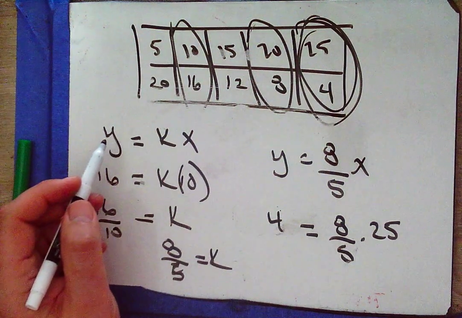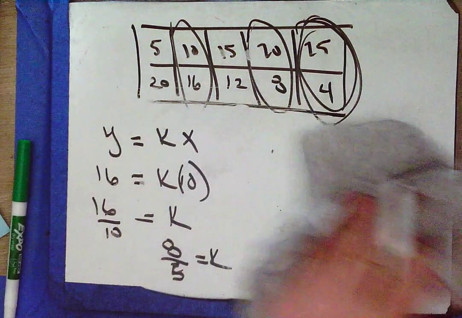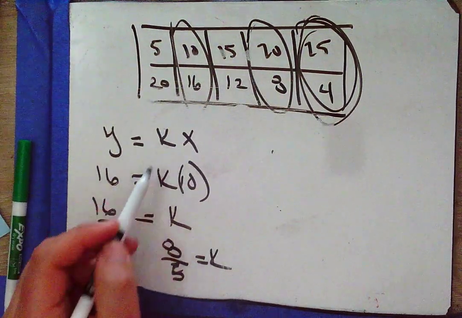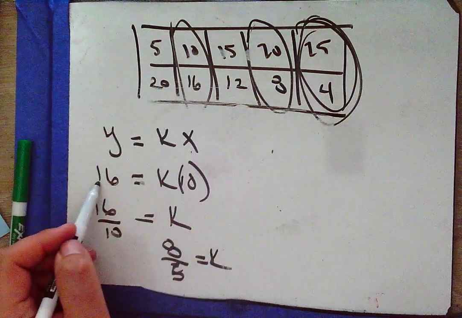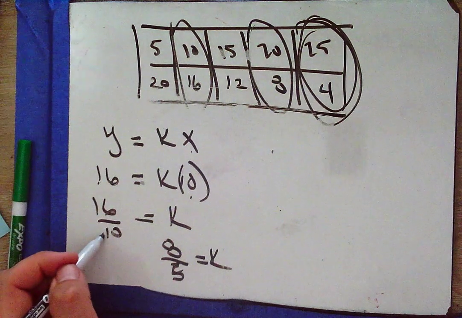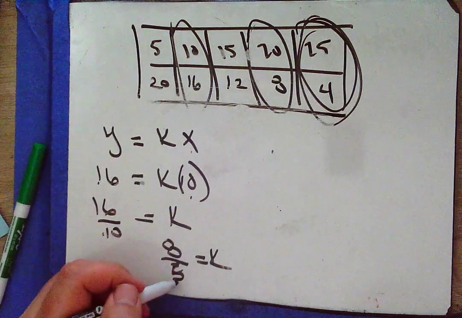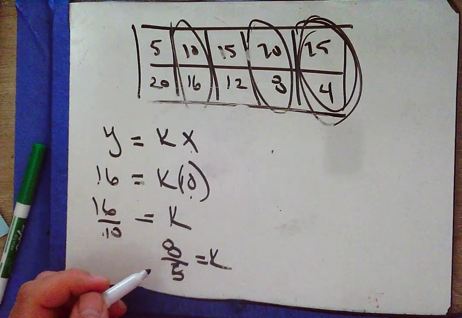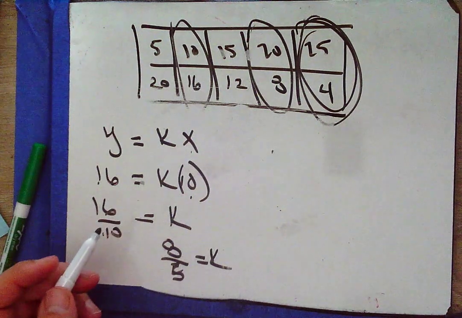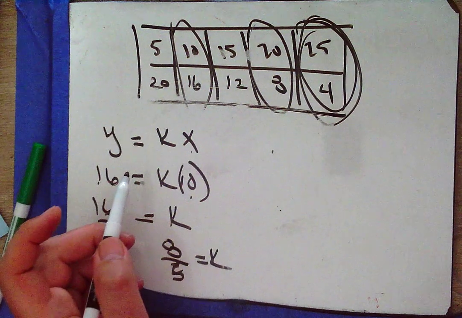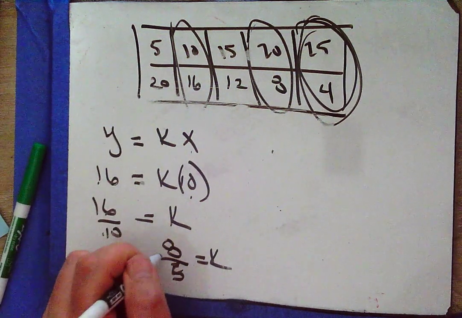I'm sort of flummoxed. I know it's going down by this amount. 10, 16, and I need to divide by 10. I take a 2 out of each of those and I get that. But that's not correct. y equals kx.